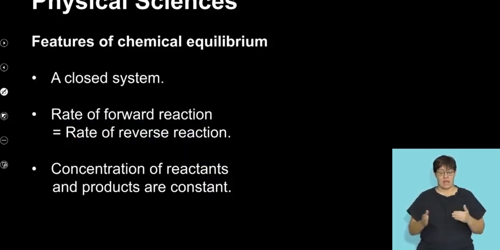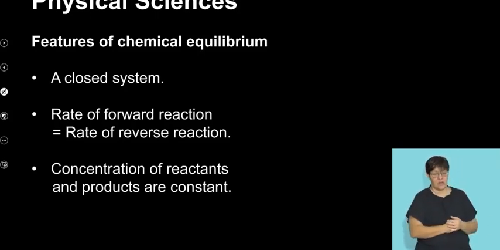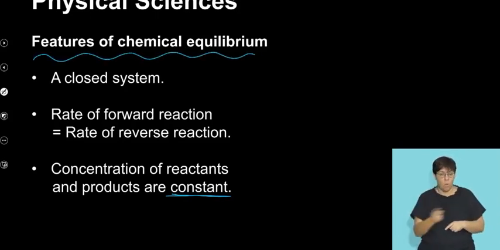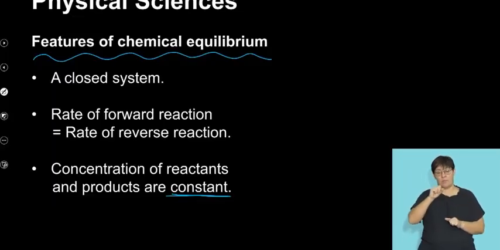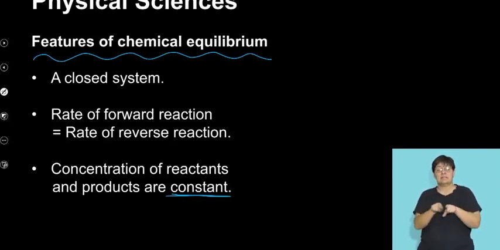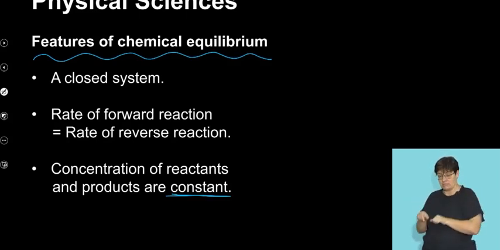A closed system, concentrations of reactants and products that remain constant, these are all features of a chemical equilibrium. So if there's no closed system, there will not be a rate of a forward reaction that can become equal to the reverse reaction. So please make sure that you realize that chemical equilibrium can only happen in a closed system where the two reactions are at the same rate and the concentrations remain constant.